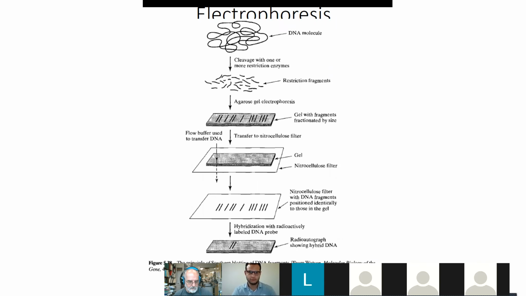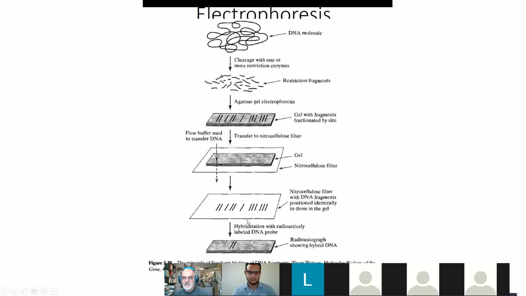Okay. There's a section in here that discusses blotting and the fact that you can blot fragments of DNA onto some kind of nitrocellulose filter, and then visualize in some way, shape, or form.